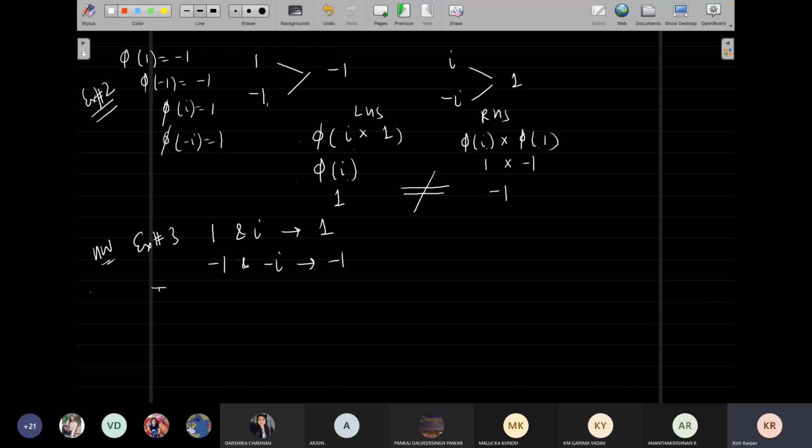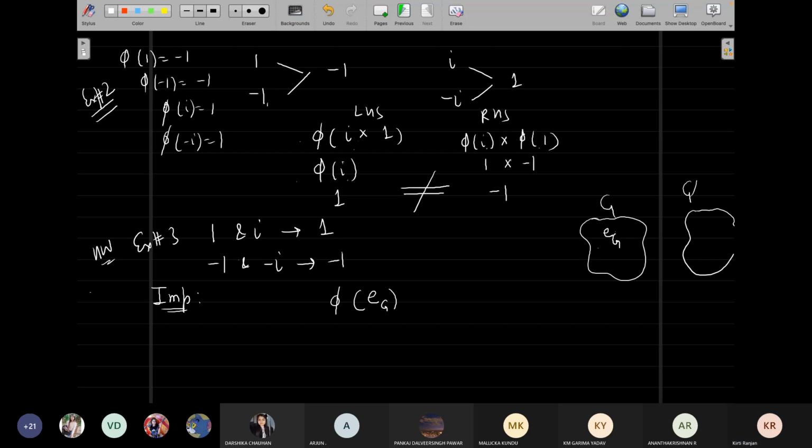One thing which of course can be proven, but I am just going to write down, for the group homomorphism is this one: phi of this element e of G. There exists this G, there exists this G prime, and this e is there. I am calling this e, on the group G side, the identity element of G. This will always be mapped to the identity element of group G prime.